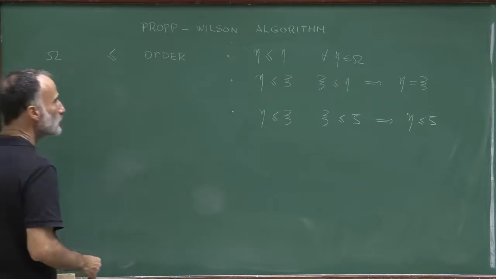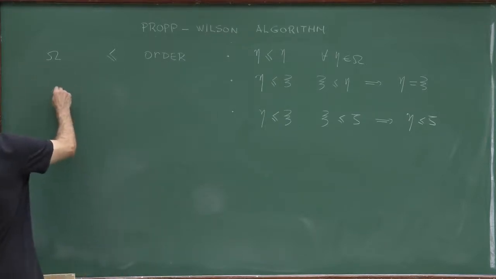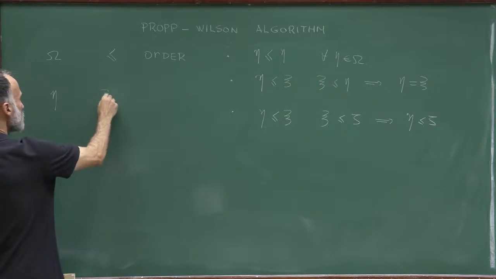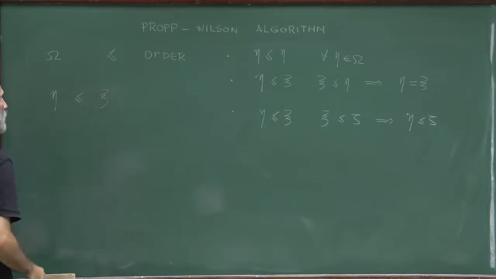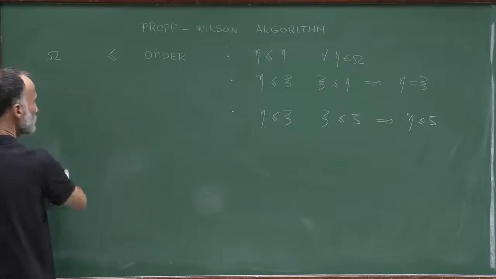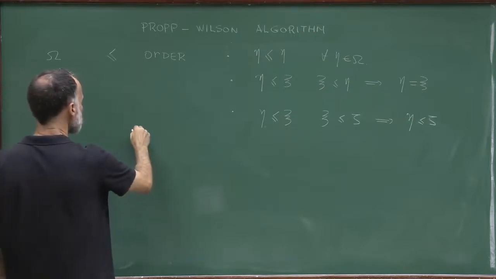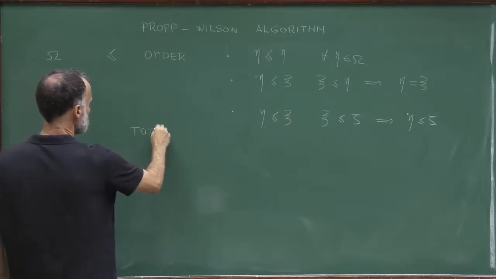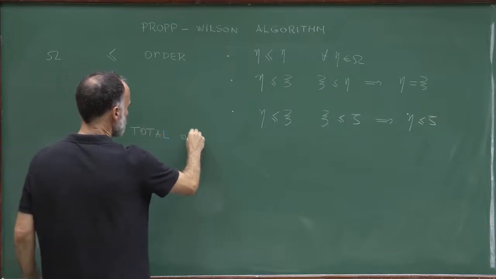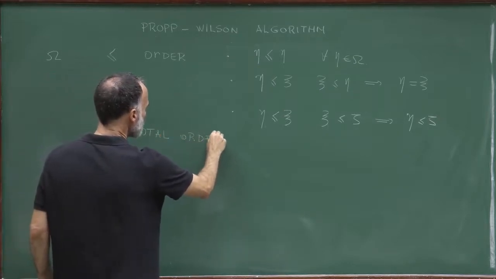Mind that I'm not requiring that if I take two configurations eta, xi, there is one which is less or equal than the other. So I'll say that this order is a total order if this last property holds.